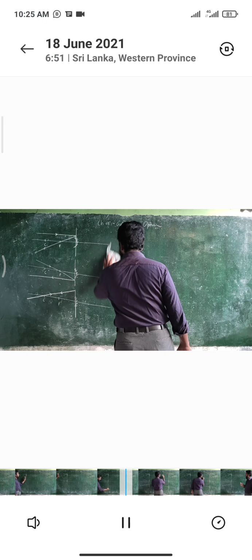Now we'll consider the same three basic ray diagrams for the convex mirror, right? 1, 2, 3 ray diagrams.